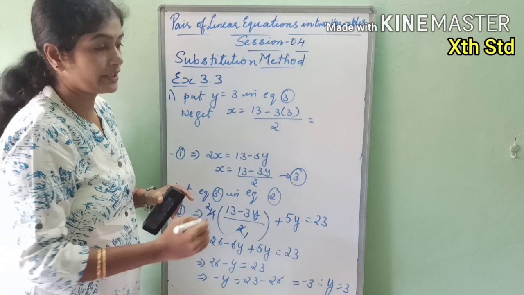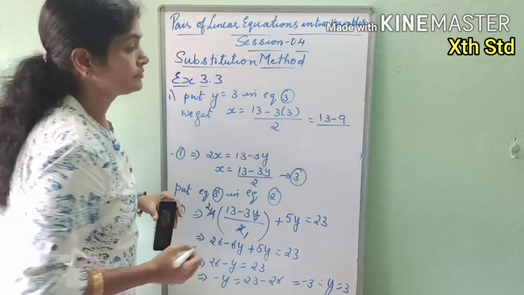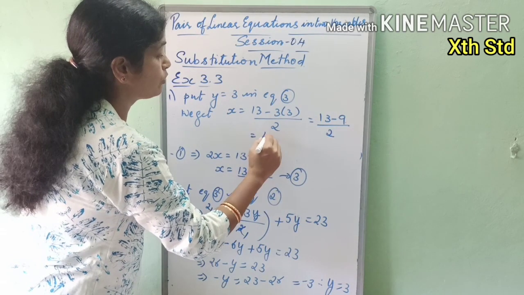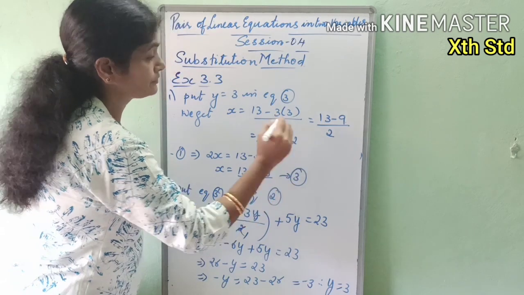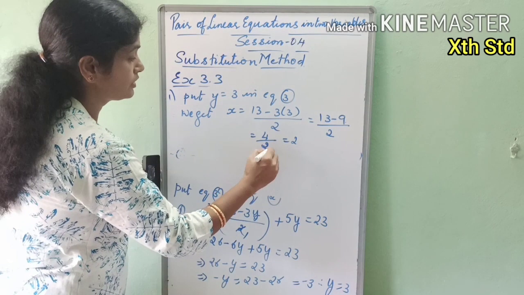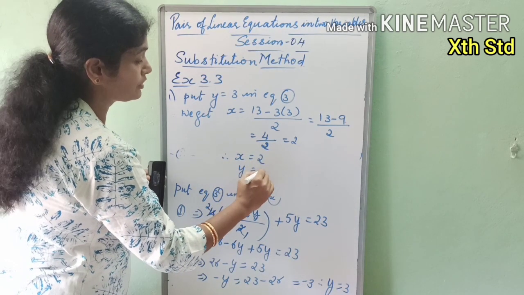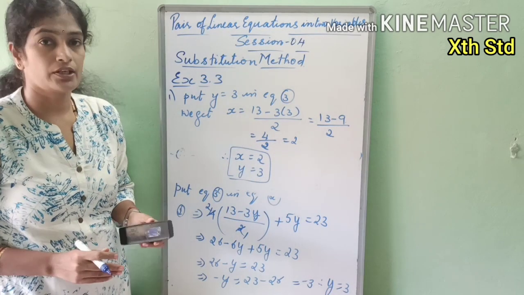Right. So (13 minus 9) by 2. 13 minus 9 is 4. 4 by 2 is 2. So what are the values? Therefore, x is equal to 2 and y equal to 3 are the solutions for this equation.